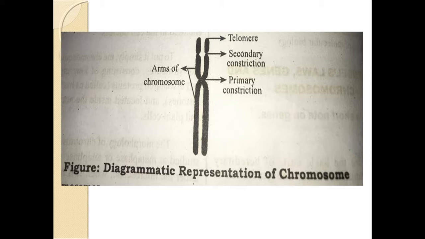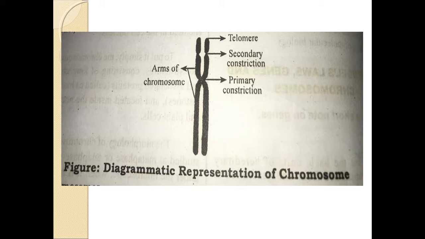Chromosomes, we have seen, consist of the DNA, deoxyribose nucleic acids, and they also have some proteins. Chromosomes are located inside the nucleus of both animal and plant cells.